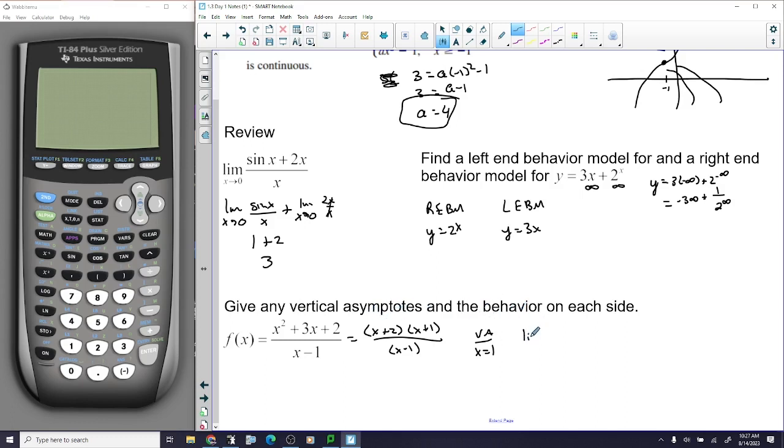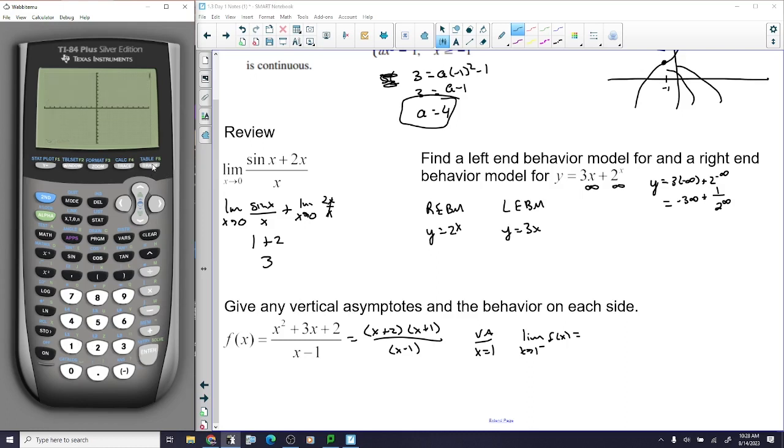So the limit as x approaches 1 from the left of f of x is equal to, how about on the left? Let's go x squared plus 3x plus 2 divided by x minus 1.